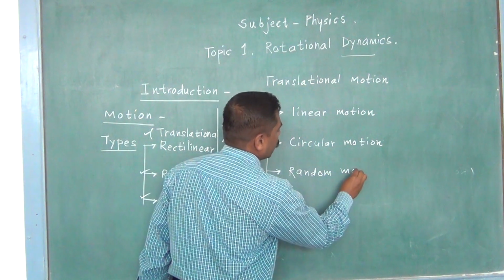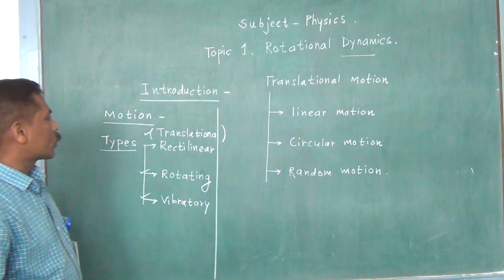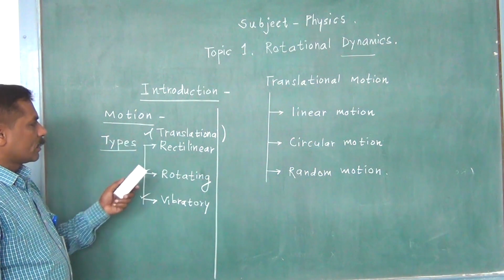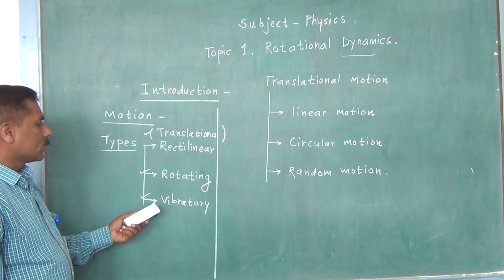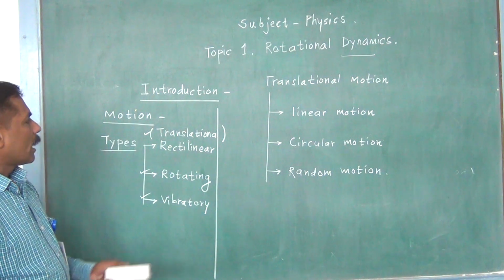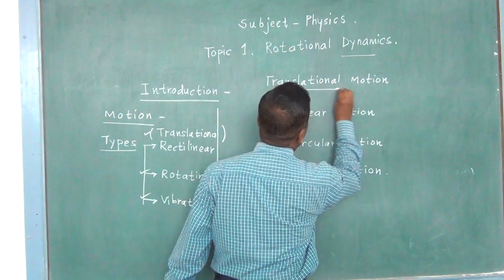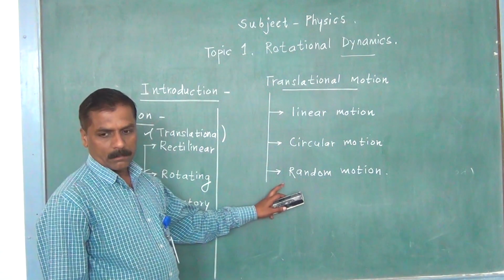So you can observe this is a classification regarding the motion. That is, motion is divided into mainly three types: translational motion, rotating motion and vibratory motion. Again this translational motion is divided into three types: linear motion, circular motion and random motion.